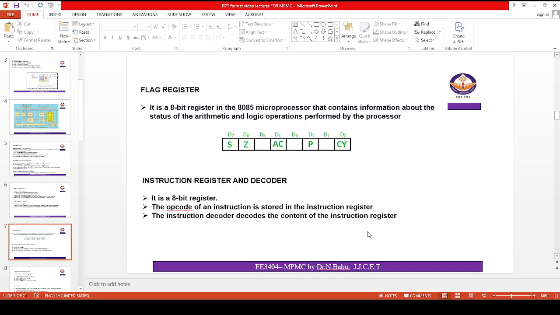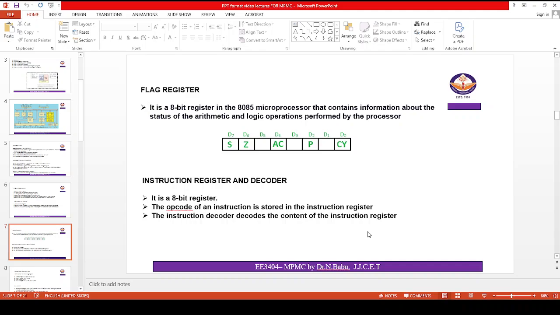Before that, I will explain one more thing. During the execution of the program, the microcontroller or microprocessor performs 3 steps of operation. First one is fetching. Second one is decoding. Third one is executing. What is the operation of fetching? It is fetching the instruction from memory. After fetching the instruction, it will be converted into code.